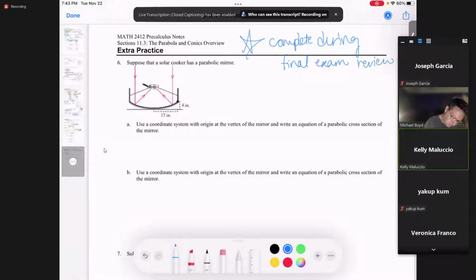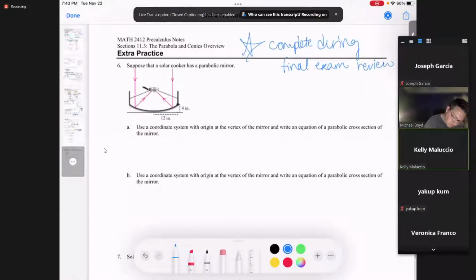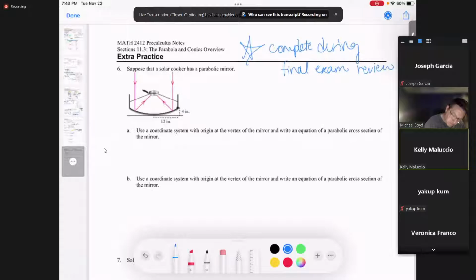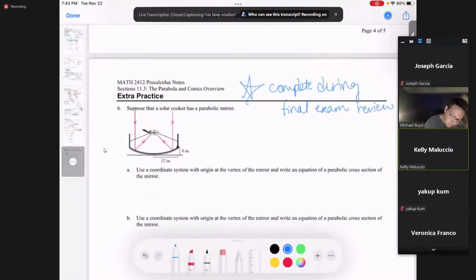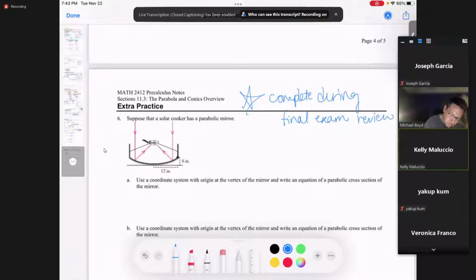And if we're reviewing other things and we don't get to it, I can try to just post the answers, but these are good practice problems that apply what we just did with the parabola and conics. So I think it would benefit you to practice that.